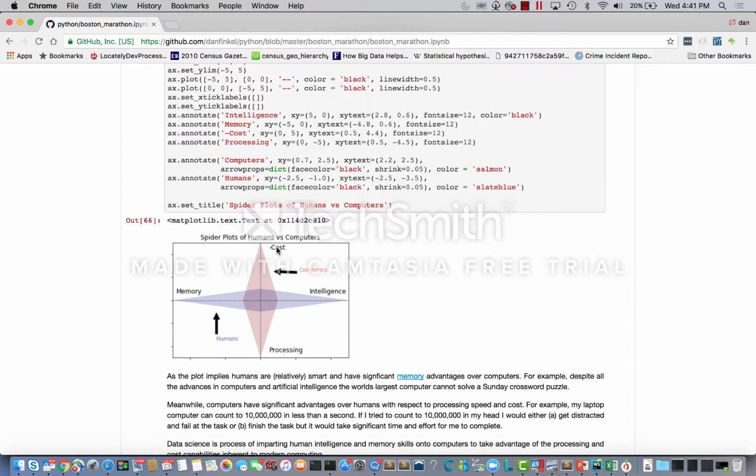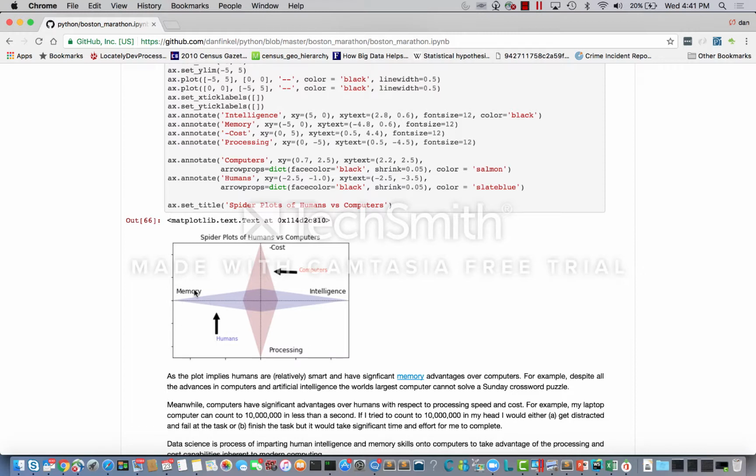And if you think about humans versus computers in these two spaces, a couple trends emerge. First off, when you think about humans, compared to a computer, a human is very smart, and also maybe a little surprisingly, a human has a lot of memory relative to a computer. There's a link to a news article down below here that points out that the entire internet could fit in a human brain. All the information on the internet would fit in a human brain.